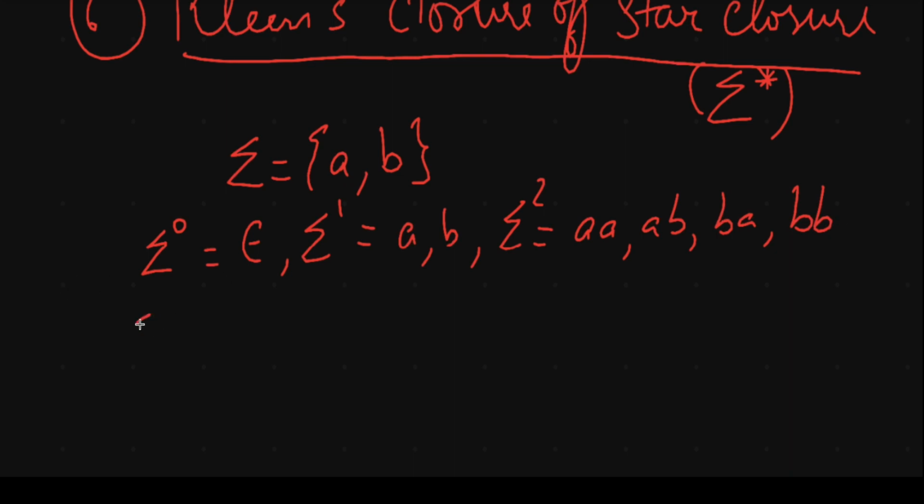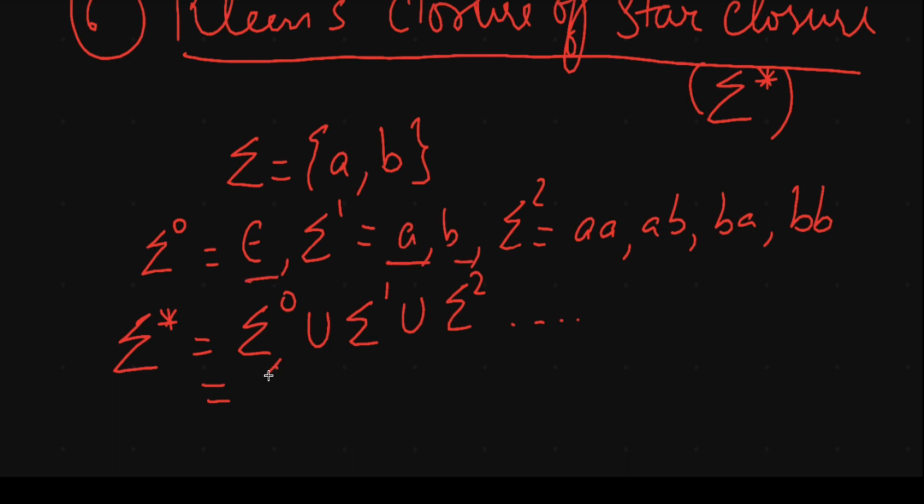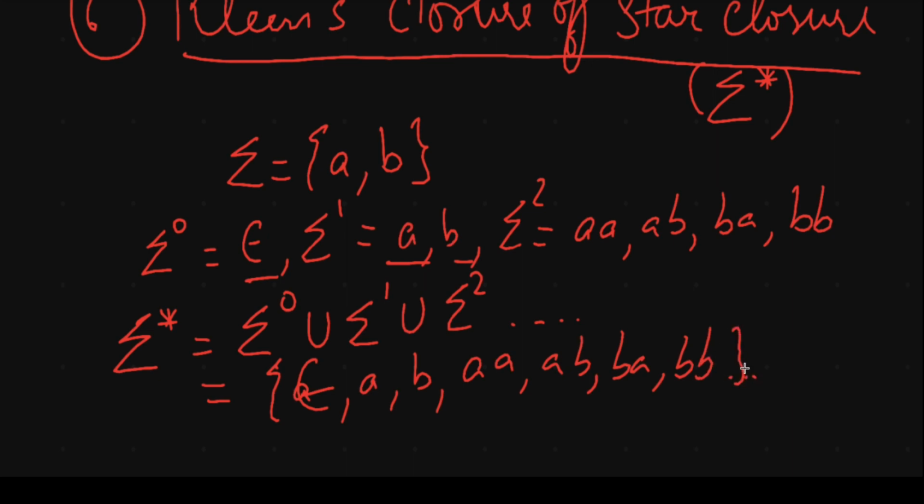Okay, so what is Kleene closure? It is the union of all powers 0, 1 and 2. We can do it an infinite number of times. So it would be all these strings: epsilon, A, B, AA, AB, BA, BB, and so on.